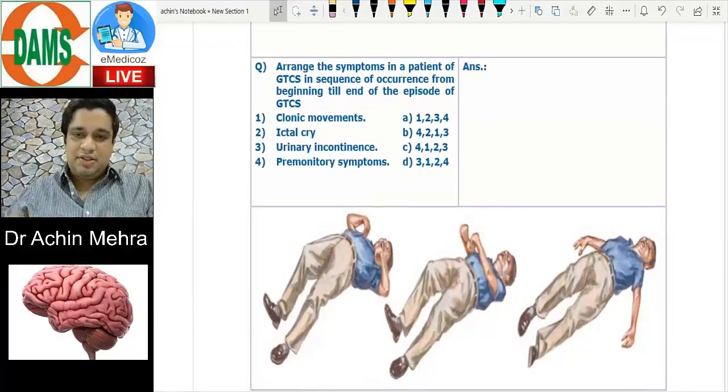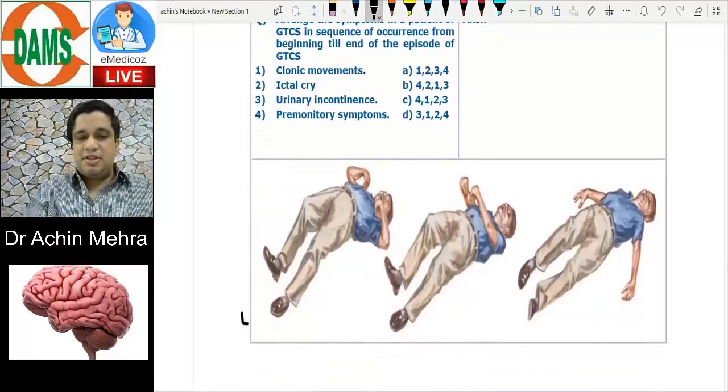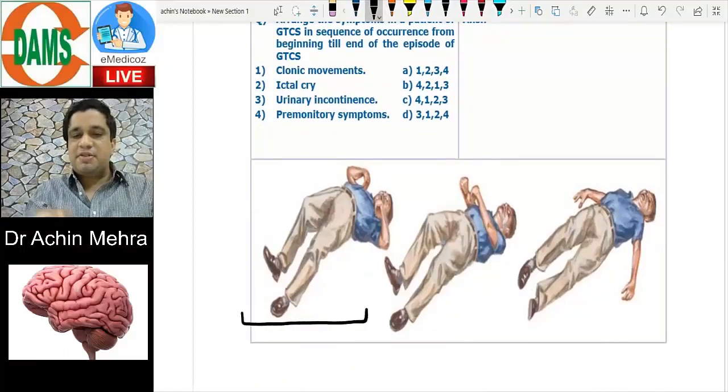Now the next image is a patient who has suffered a seizure episode, a generalized tonic-clonic seizure. How does it happen? First of all, look at this image. There is flexion of the upper limb and some extension of the lower limb, that is the tonic phase.